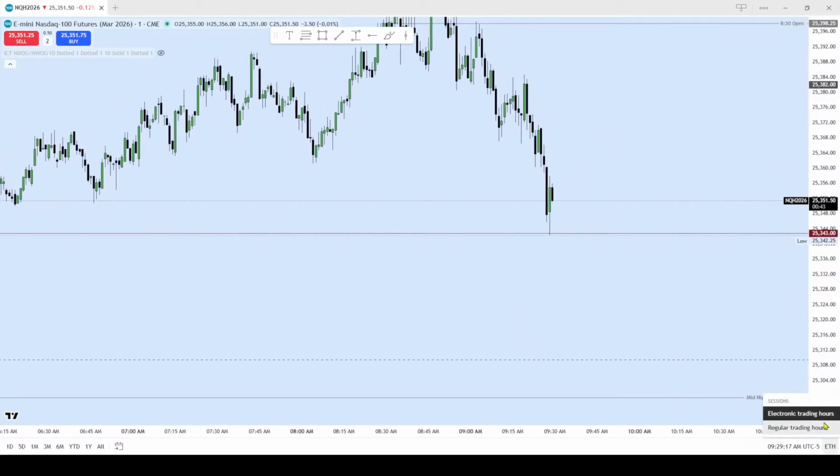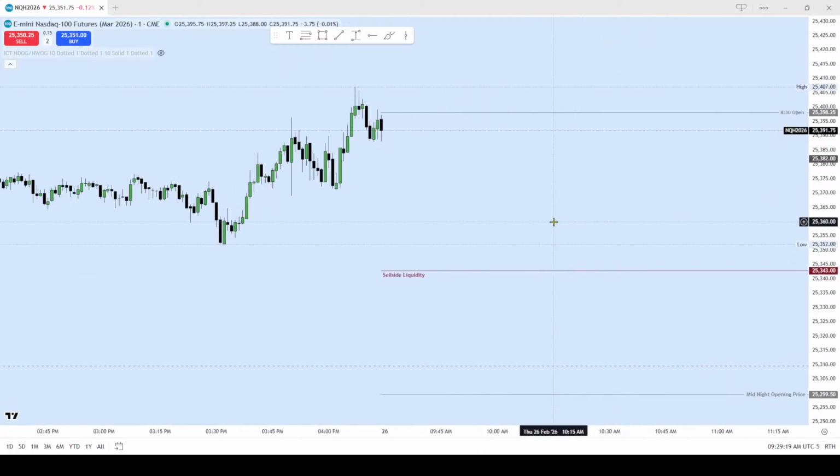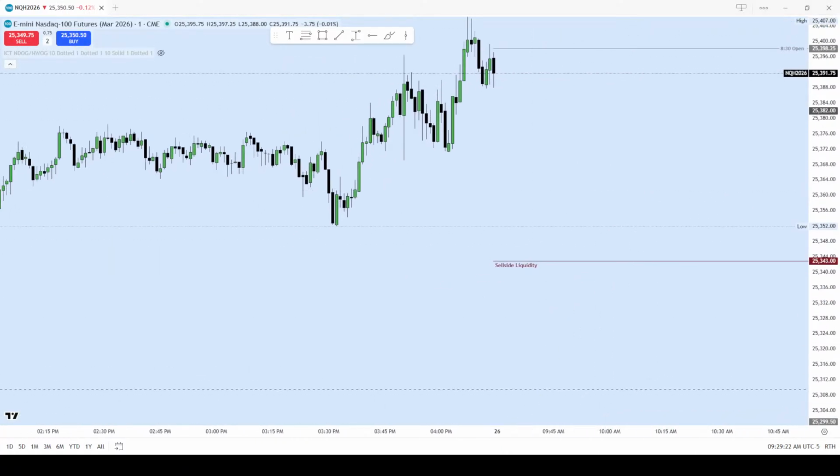So we have the opening range gap in a couple seconds, so I would just go on the regular trading hours so I can have that mapped out once price opens.